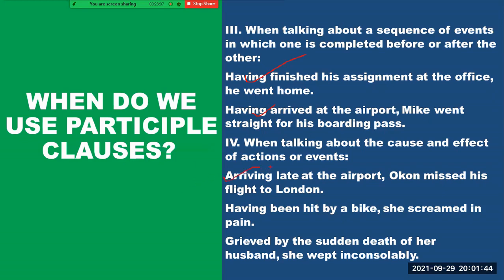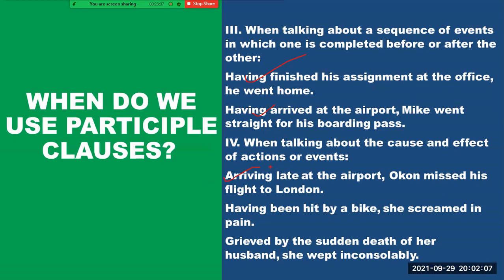Arriving late at the airport, Okon missed his flight to London, you see. So that also can be looked at as a reason, but his missing his flight to London was the effect of his lateness, all right? The effect of his arriving late at the airport, all right?